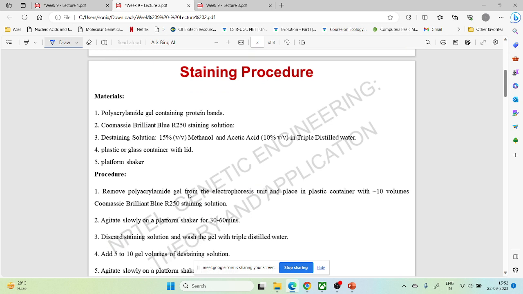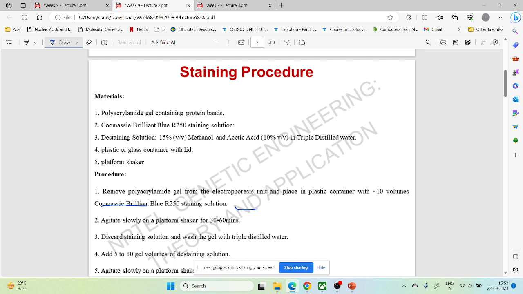Then the staining procedure is simple. You just remove the gel and place it in a container, and then you add your staining solution. Whenever you are doing SDS and Western, there is a shaker. You have to put your gel on the shaker, and when you add your dye, slowly it will stain your gel.